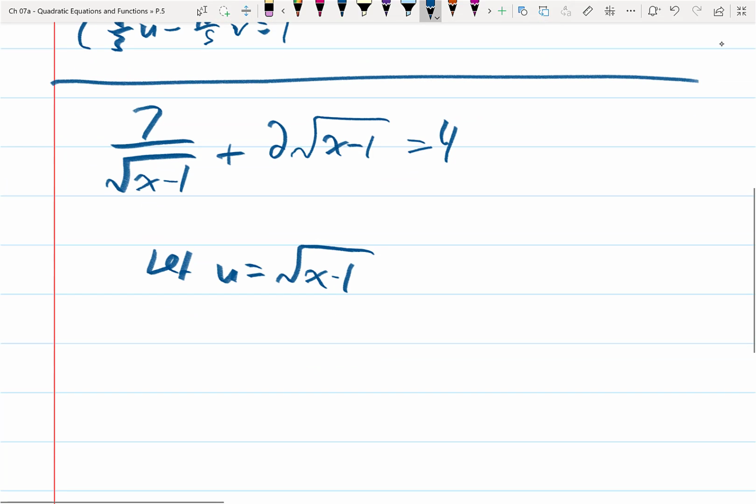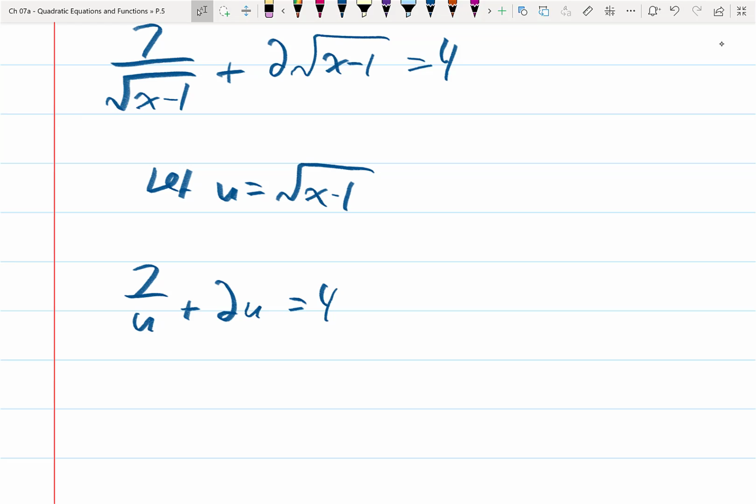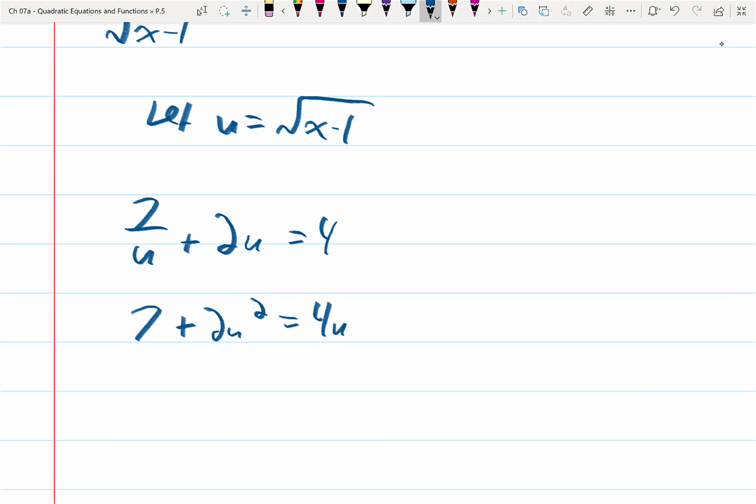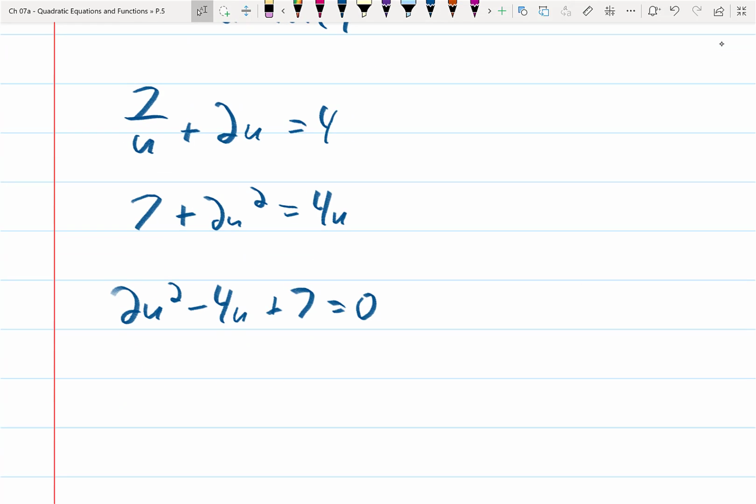Let's work with that as 7 over u plus 2u equals 4, because this is something I can deal with. Multiply both sides by u to get 7 plus 2u squared equals 4u, or 2u squared minus 4u plus 7 equals 0. Then I could go forward using the quadratic formula or complete the square.